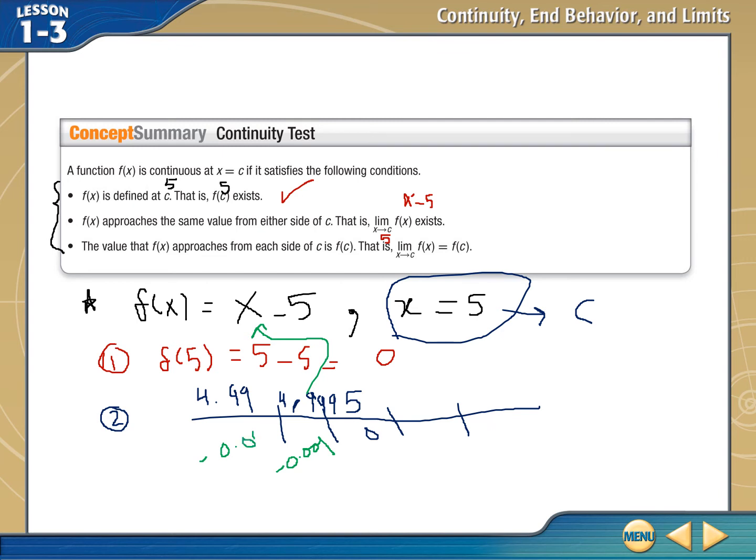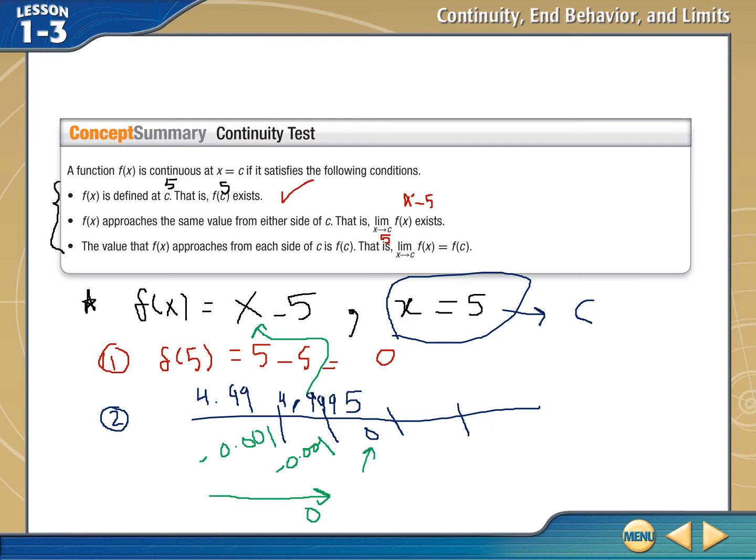Fine. When I come closer and closer to 5 from the left side, it looks like the numbers are increasing toward 0, trying to approach 0, because next is negative 0.00001 and so on. So I'm trying to approach 0.